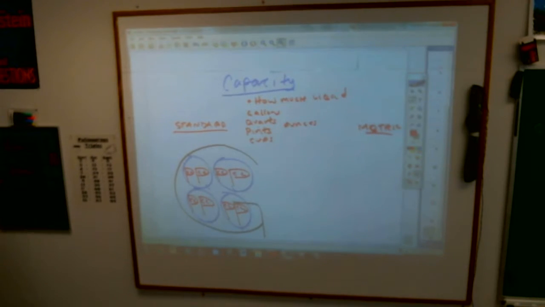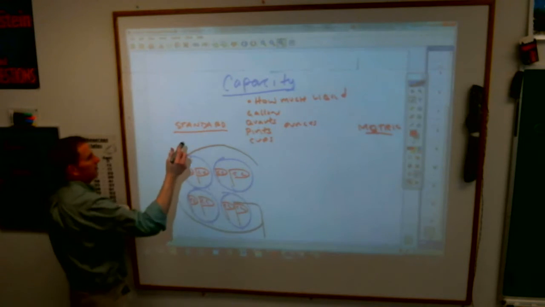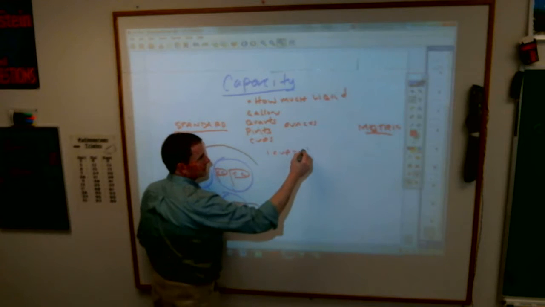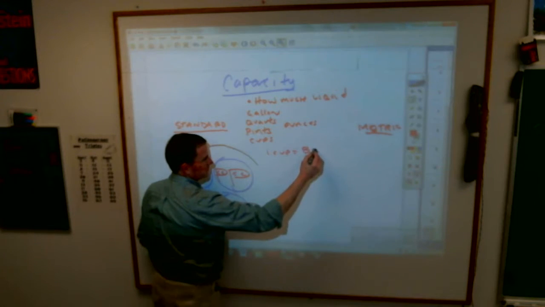So if you have that handy dandy little guide, by the way, how big is the cup, you ask? Here is your cup. How many ounces in a cup? I'll write it down here. 1 cup equals, anybody know? 8 ounces.